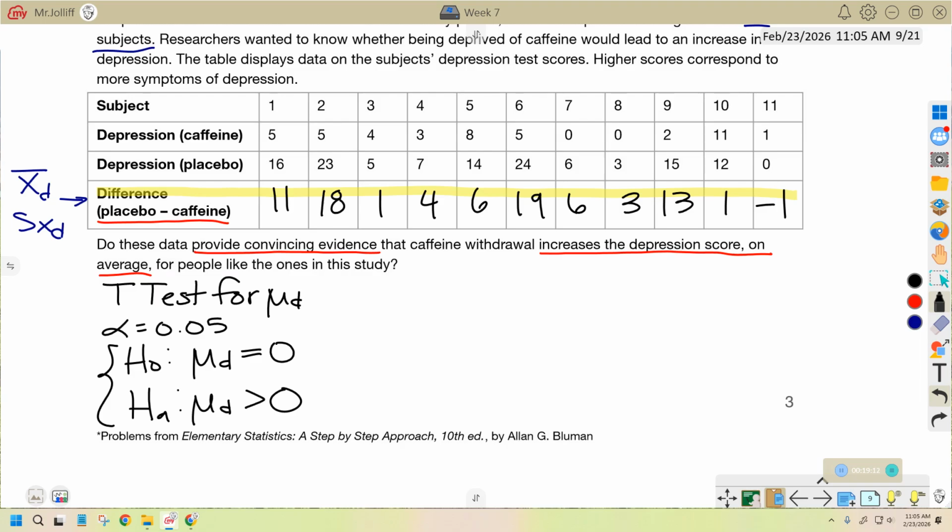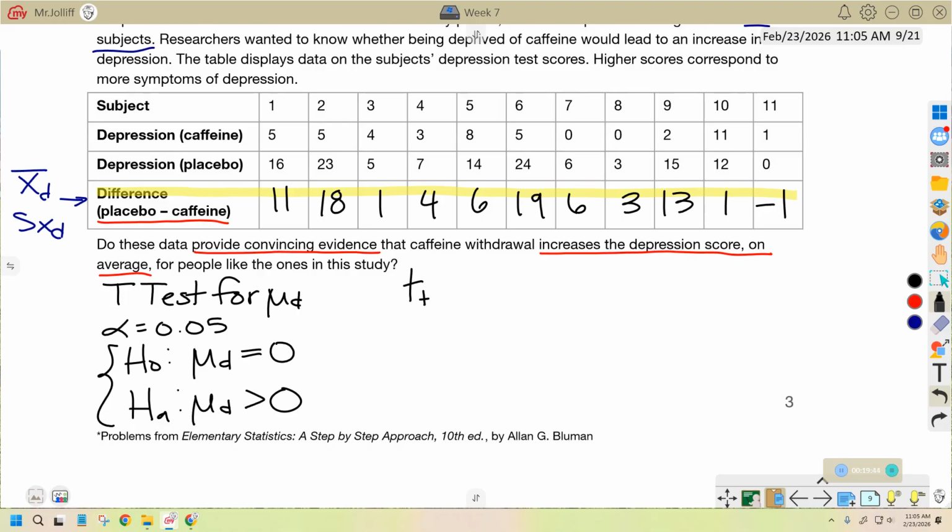Before we run the test, looking at our data, does our sample look like it's suggesting that? And I would say, yes, all but one of those data points is positive. Several of them are very positive. So I definitely have data leaning in this direction. Now the question is it statistically significant? And that's where the test comes in.